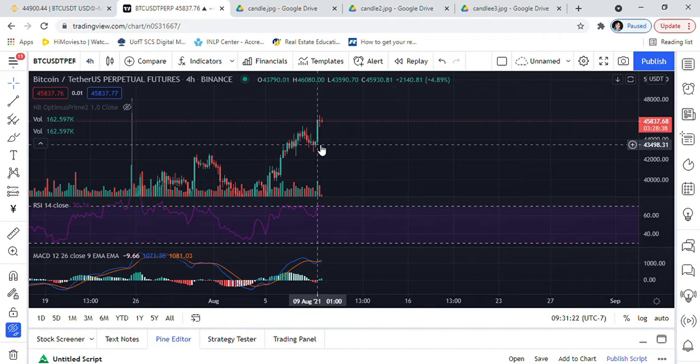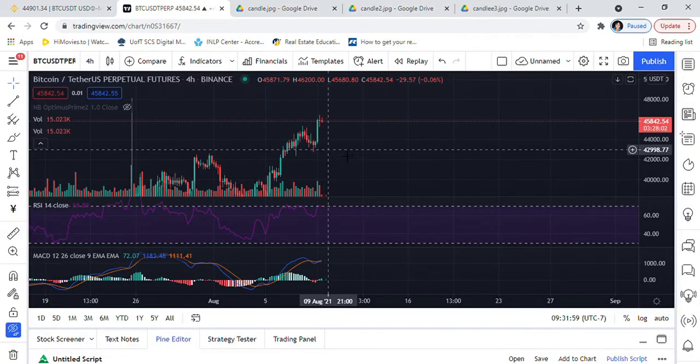This is the highest price that this asset or currency went to in this 4-hour time frame. L stands for low. This is the lowest price that this currency went to in that period of time. And then the C stands for close. This is the price that it closed at once the 4 hours was up. Does that make sense?